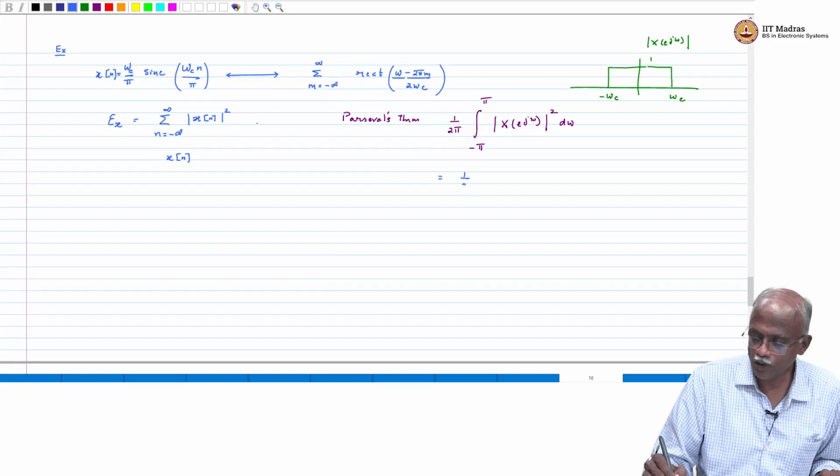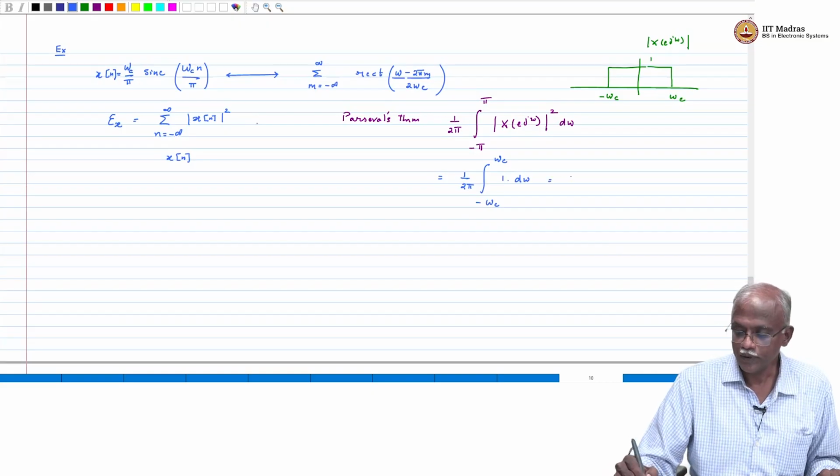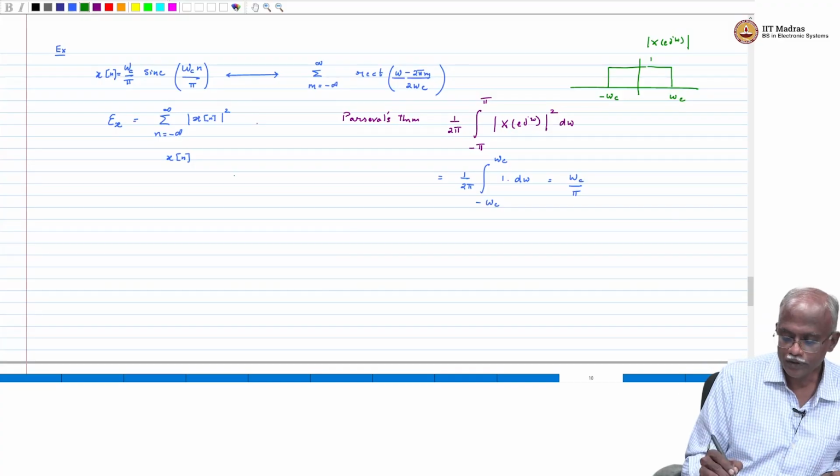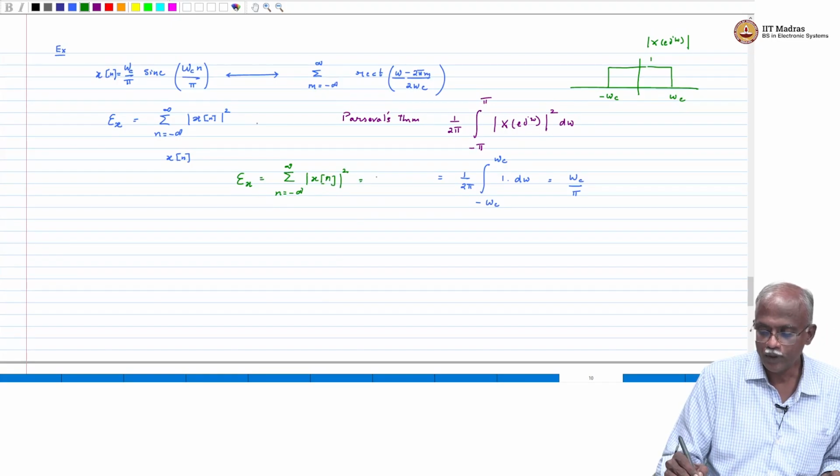This is going to be 1 over 2 pi, integral from minus omega c to omega c, of the height, which is equal to 1, so 1 times d omega, which is equal to omega c divided by pi. So, you can write down the expression very confidently. E of x is equal to the summation n equal to minus infinity to infinity of x of n magnitude squared, which is equal to omega c divided by pi.